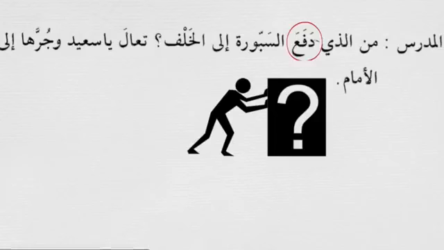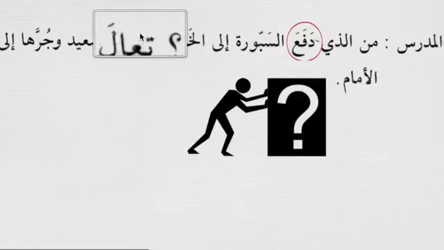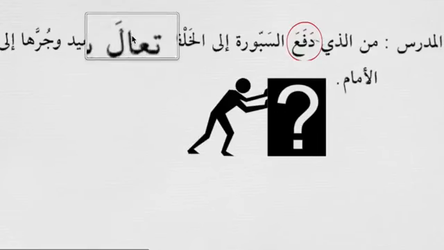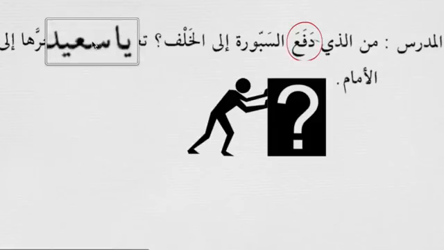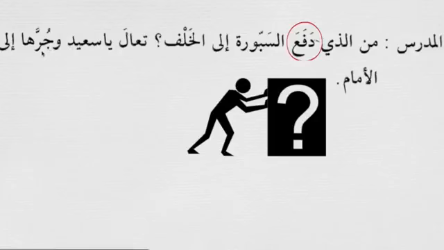So, ta'ala. We have done this fa'al ta'ala, which comes from ya ta'ala, and that's an amr to call. Come here, ya Sa'id. Ta'ala ya Sa'id, come here. Wa Sa'id. Wa jurraha. So we know jarra ya jurru means to push. So now it is ending with fatha.